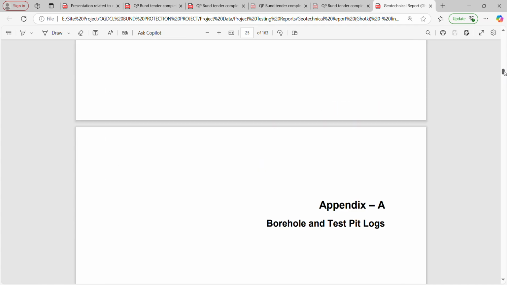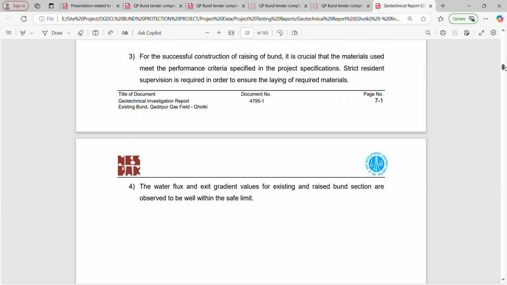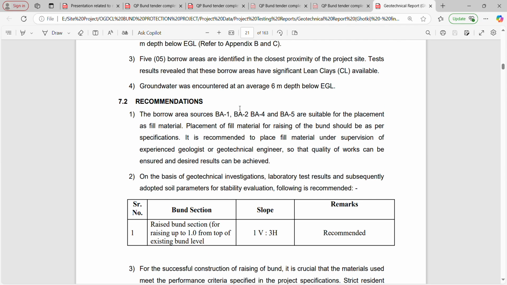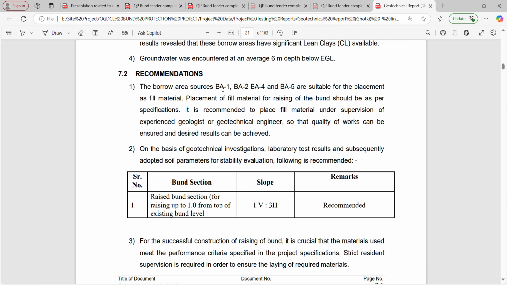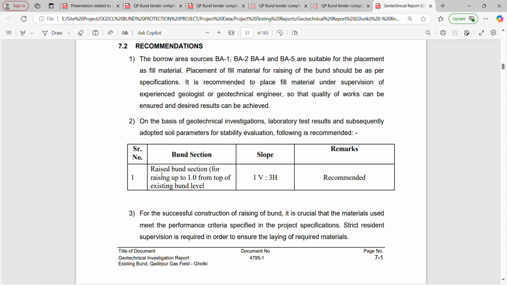Several simulations were run, after which they also mentioned that they collected borrow area samples from 5 locations, and borrow areas 1 to 4 and 5 are suitable material for placing the soil layers for raising. Similarly, they mentioned that the bund should be raised around 1 meter from the top of the existing bund level, and the slope should be 1:3.